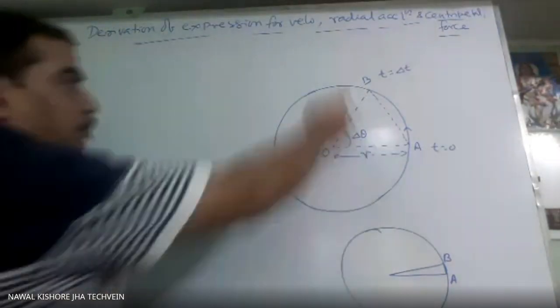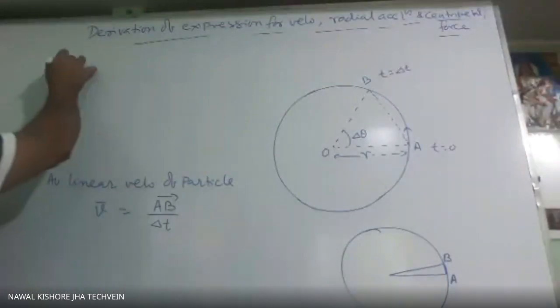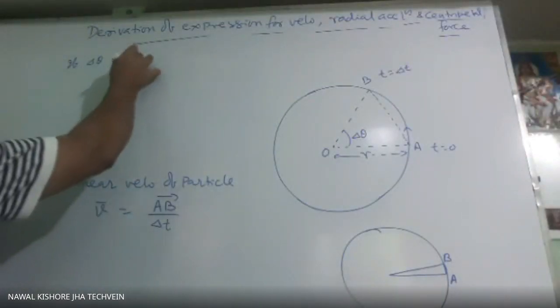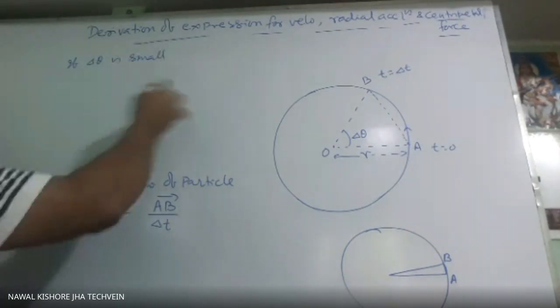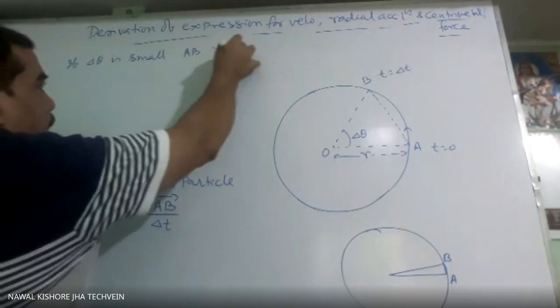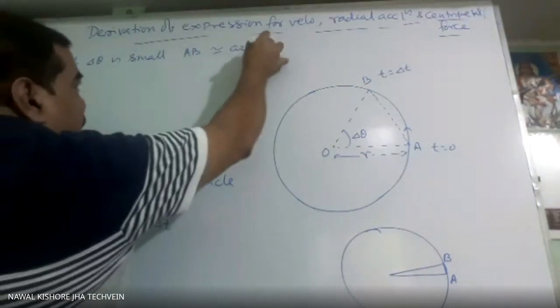So delta t small means delta theta is small. If delta theta is small, this chord AB will be approximately equal to arc AB.